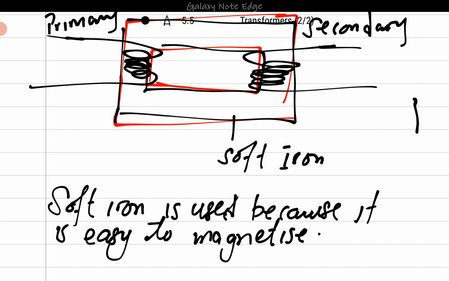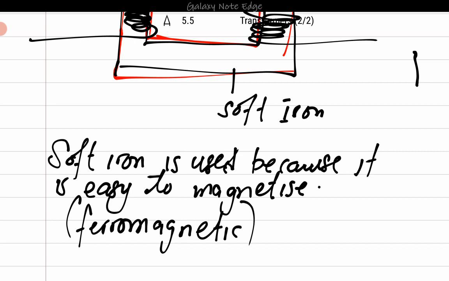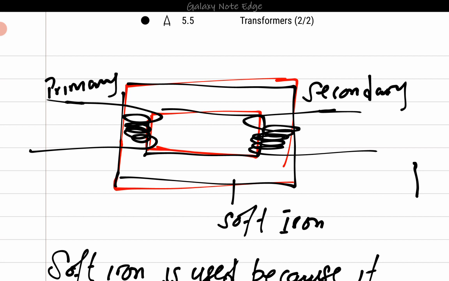That's the reason why we use soft iron. Remember, an object that is easily magnetized is known as a ferromagnetic material. So iron is ferromagnetic.